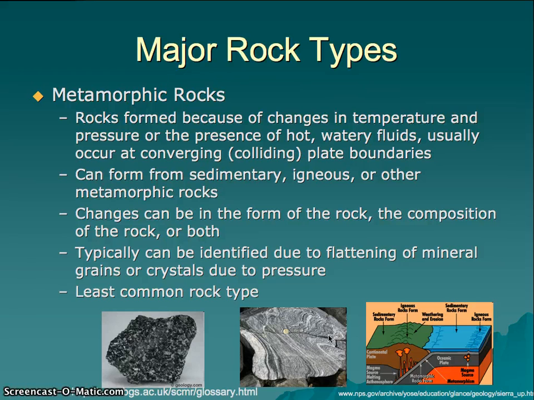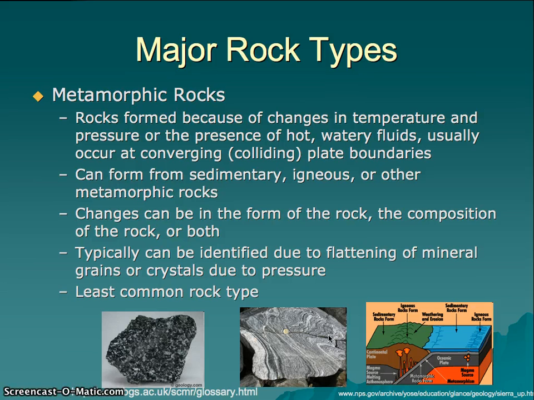The third type of rocks are metamorphic rocks. Rocks become metamorphic when you have changes in temperature and pressure, or the presence of a hot, watery fluid that's usually at a converging plate boundary.